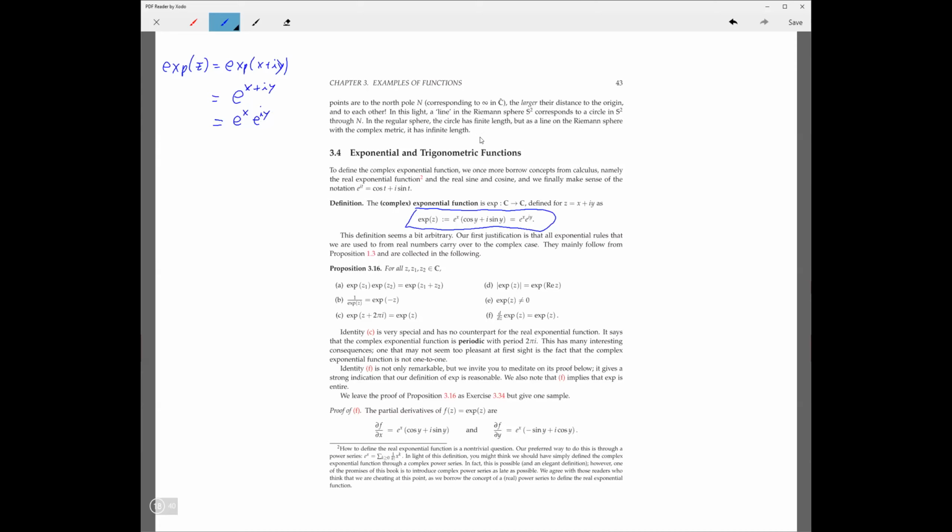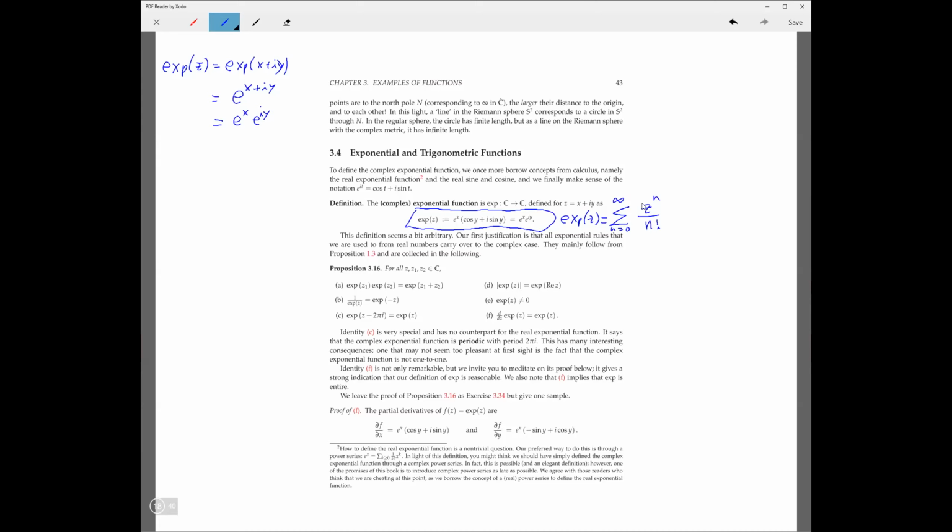Some textbooks will actually define it to be the series from n equals 0 to infinity of z to the n over n factorial. And if you remember in second semester calculus, this is actually the series.